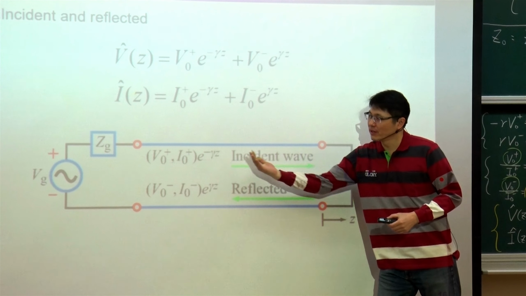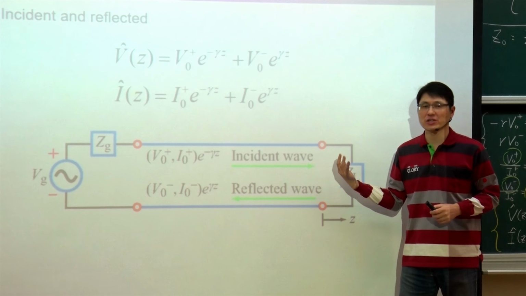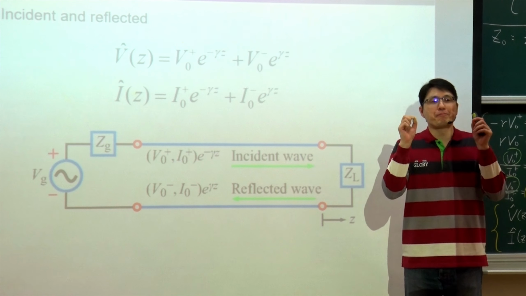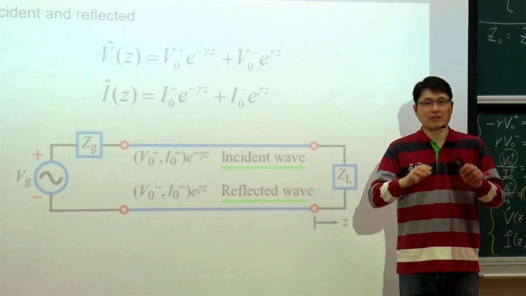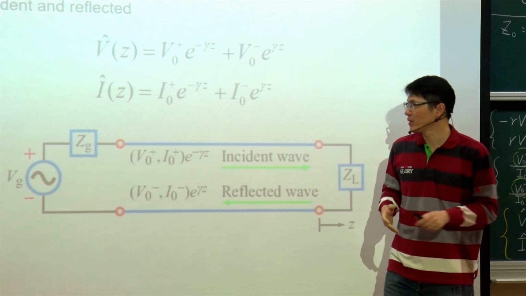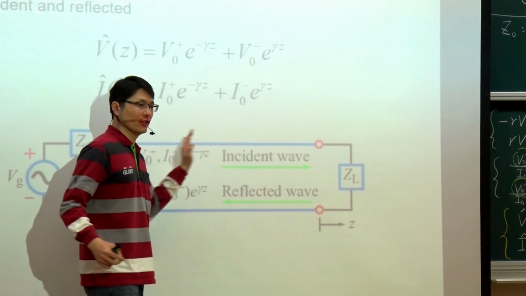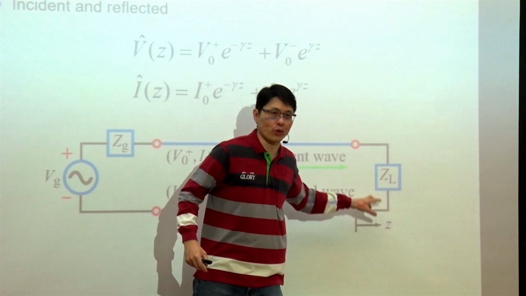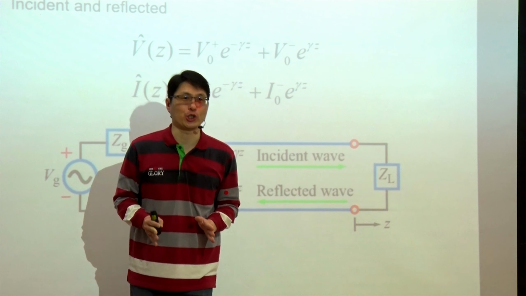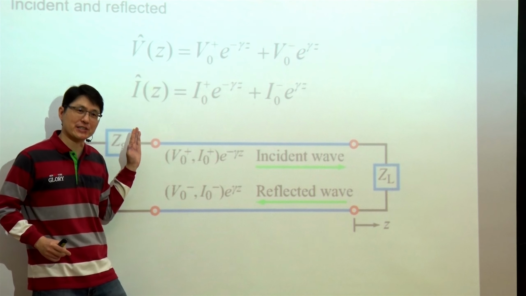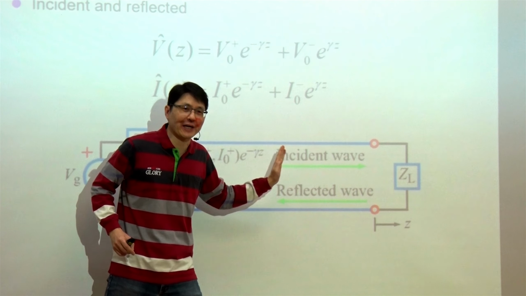Think of the delivery of energy on the transmission line as me trying to teach knowledge to you. The best situation the student and teacher could ever dream of: I send in knowledge, I teach you, and you completely absorb the things I teach. In that case, the transmission line has only forward propagating wave.